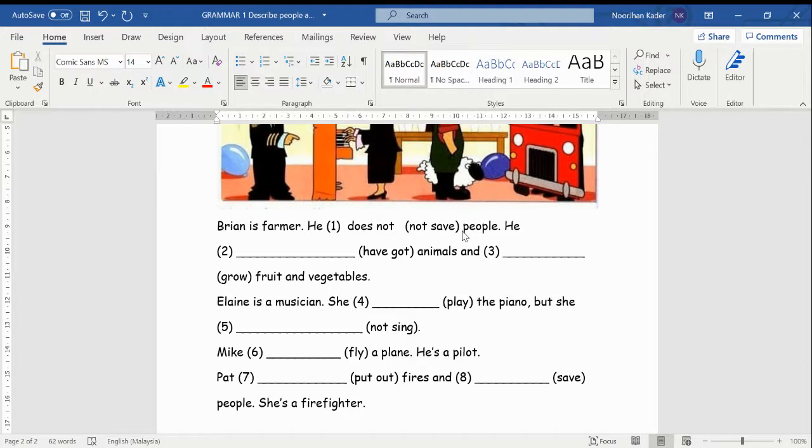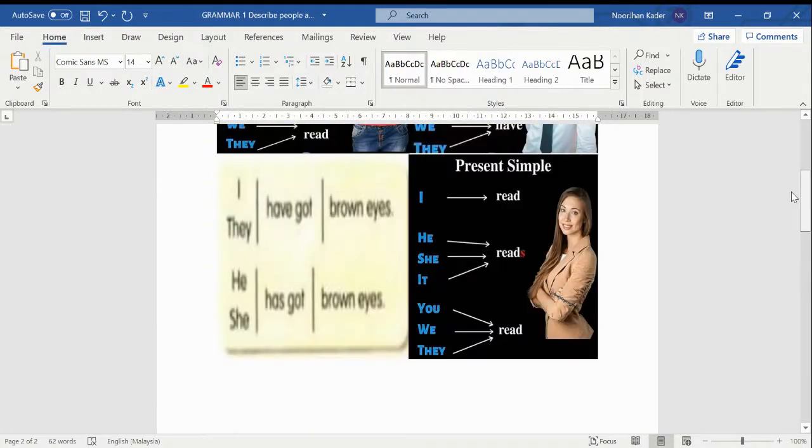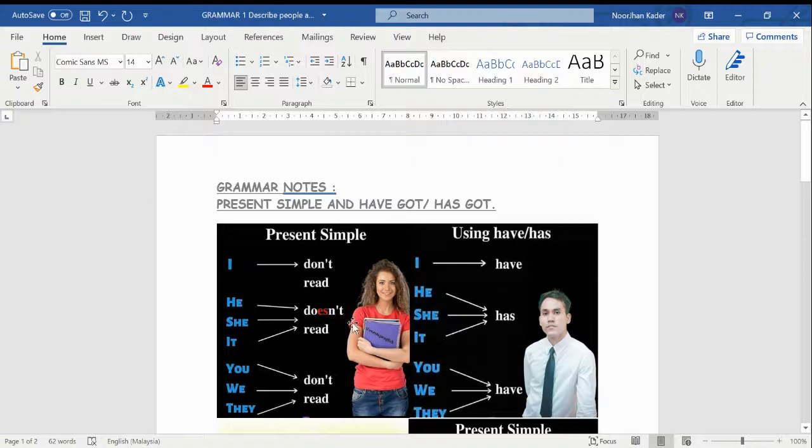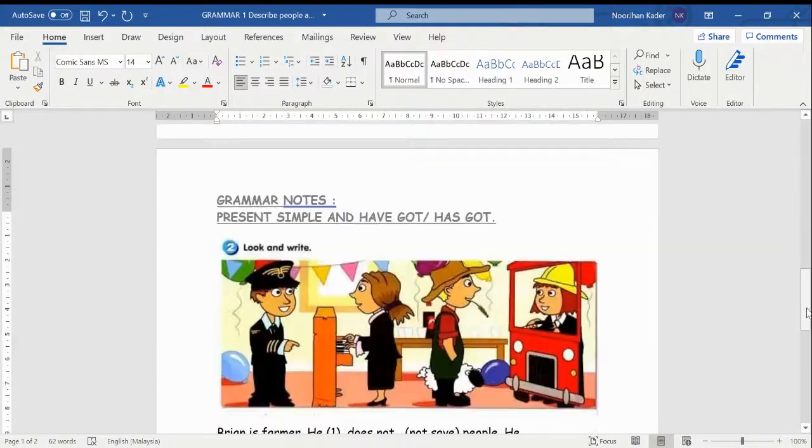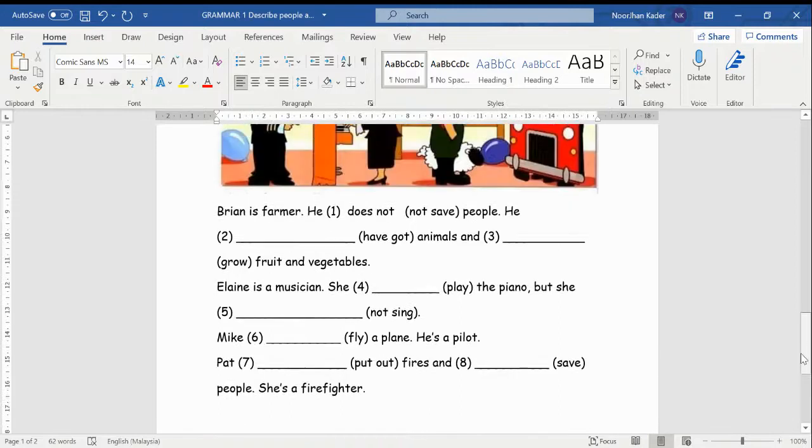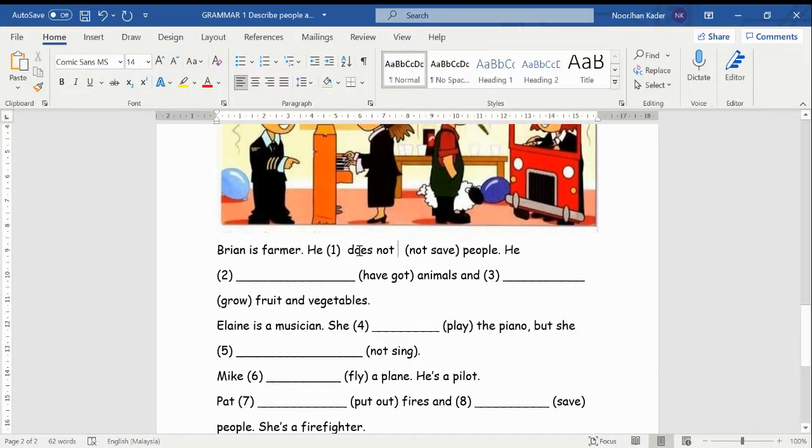Either one. But to make you understand, doesn't is actually does not. Since they have given not, it's better for us to just write does not. So you can just write here does not save.